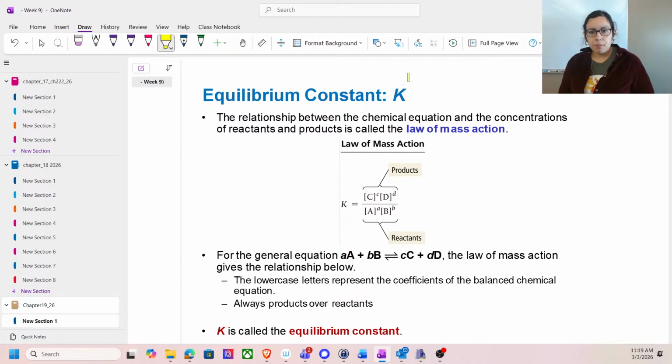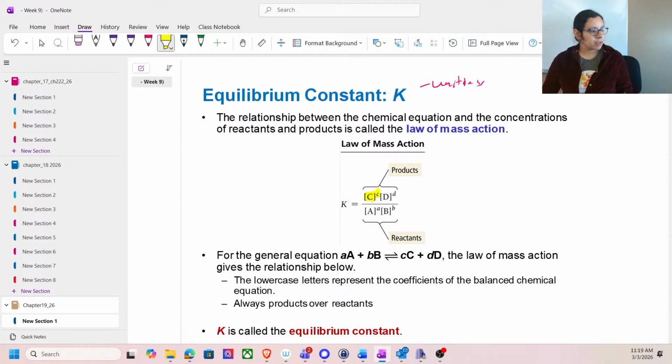And so our equilibrium constant K is unitless here. And then notice our formula. We have reactants, products, and for our equilibrium, it's generally products over reactants, and then it's the concentration taken to the power from our balanced reaction.